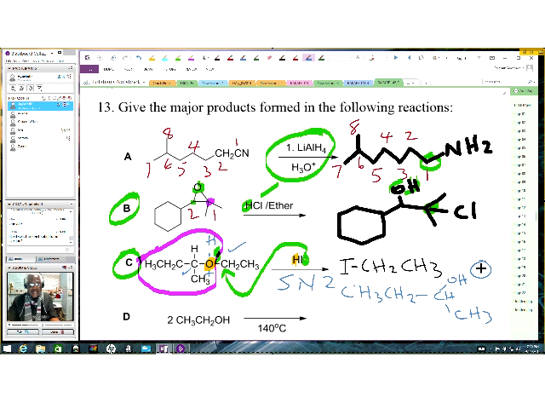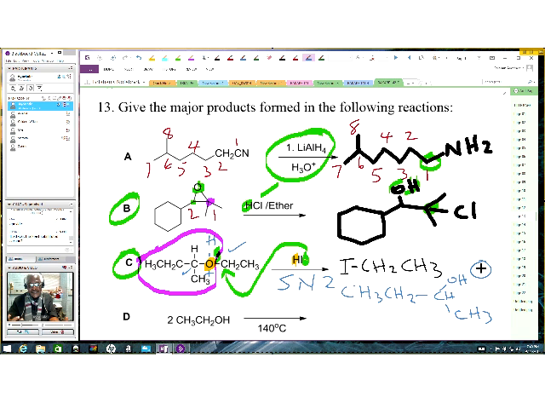Now keep in mind, anytime you have an ether or an epoxide and you are given hydrogen chloride or hydrogen iodide or hydrogen bromide, the first thing that happens is the hydrogen will attach itself to the oxygen, thereby making the alkoxide group a good leaving group.